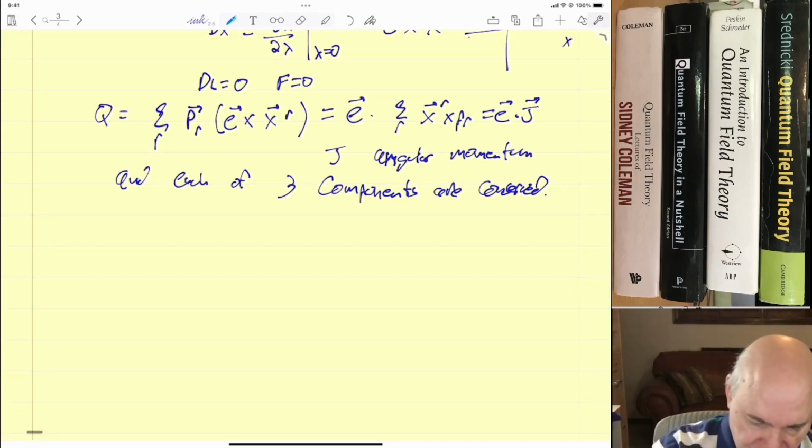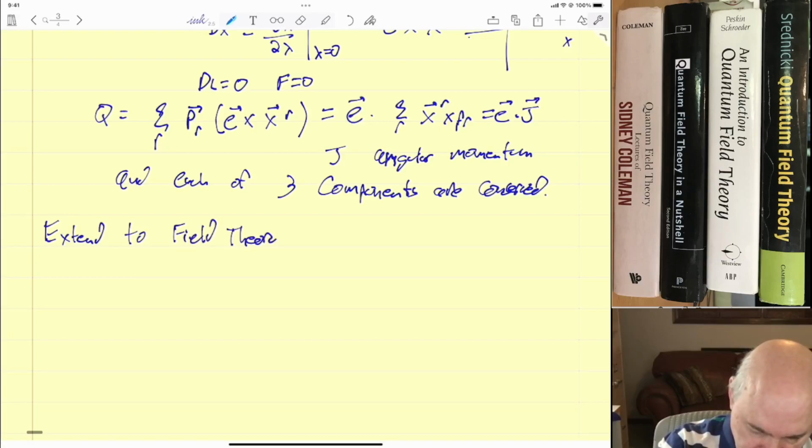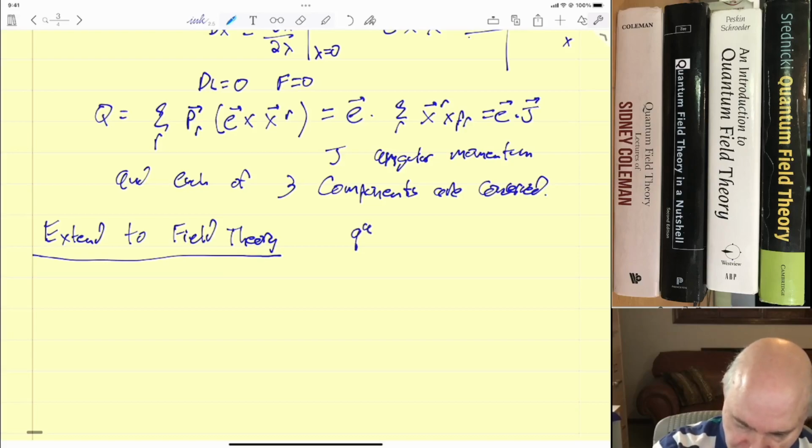Okay, so let's extend to field theory. Now in field theory, all that happens is that q_A goes to phi_A of x, where x is a 4-dimensional space-time index.